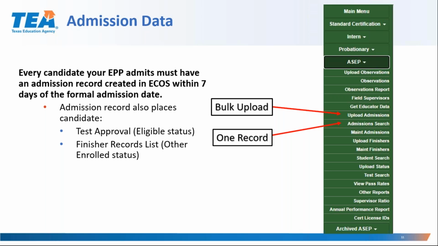Second, an enrollment record is created on the finisher records list, and the status is populated as other enrolled. For your convenience, that other enrolled status will roll over each year the candidate is enrolled until you change the status to finisher or until the candidate leaves and you remove the candidate from the enrollment record.